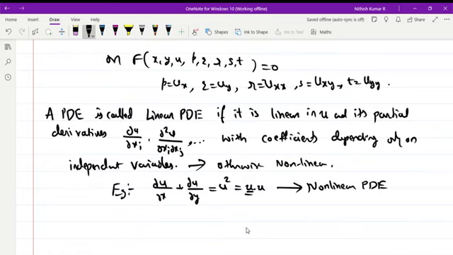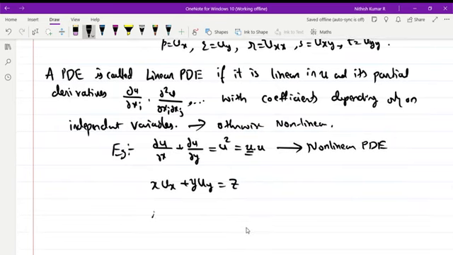Then what's an example of a linear differential equation? So take x ux plus y uy equal to z. That is nothing but x into dou u by dou x plus y into dou u by dou y is equal to z. Now see, dou u by dou x has coefficient x, an independent variable. Dou u by dou y has coefficient y, again an independent variable, and z.